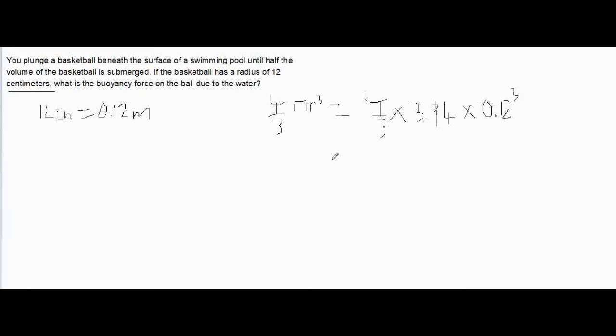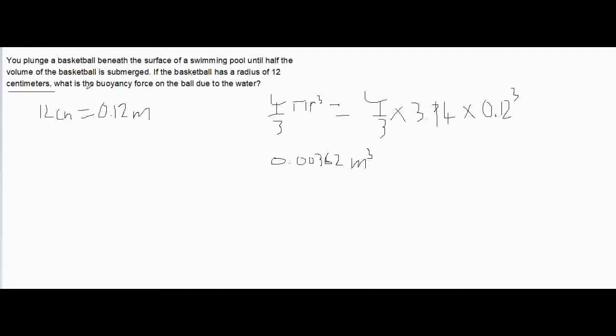And with that, you can just go ahead and divide it by 2 at that moment, and we end up with 0.00362 cubic meters for half of the volume of the sphere. It says that half the volume of the basketball is submerged.